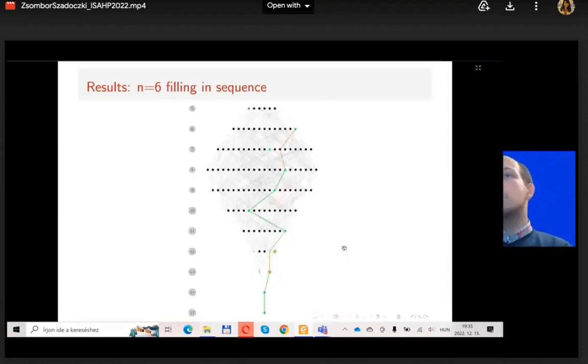And of course, in this case, we cannot determine a whole sequence because all the optimal cases are not reachable from each other. But we can determine a sequence which contains most of the optimal cases, and the ones that are not optimal are also close to optimal ones. So this is a recommendation for this case.